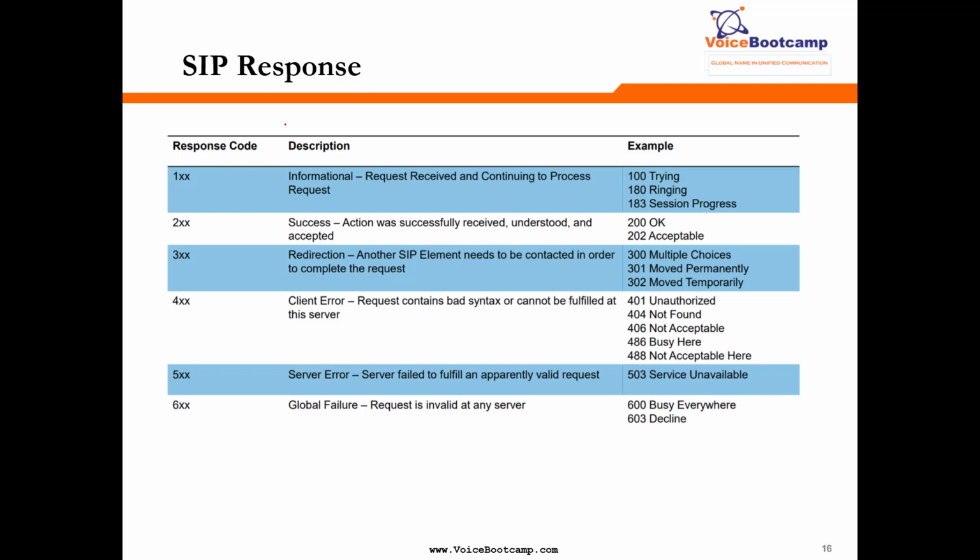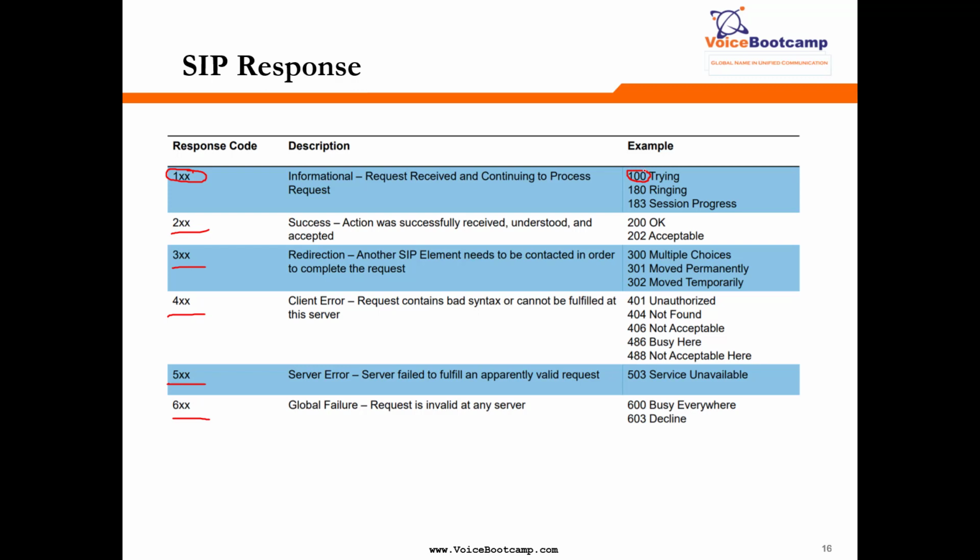Now SIP responses work pretty much similar to HTTP responses. SIP has various response codes: 1XX, 2XX, 3XX, 4XX, 5XX, and 6XX. When you look at 1XX, for example, if you see the number 100, that means you are trying to ring the phone.